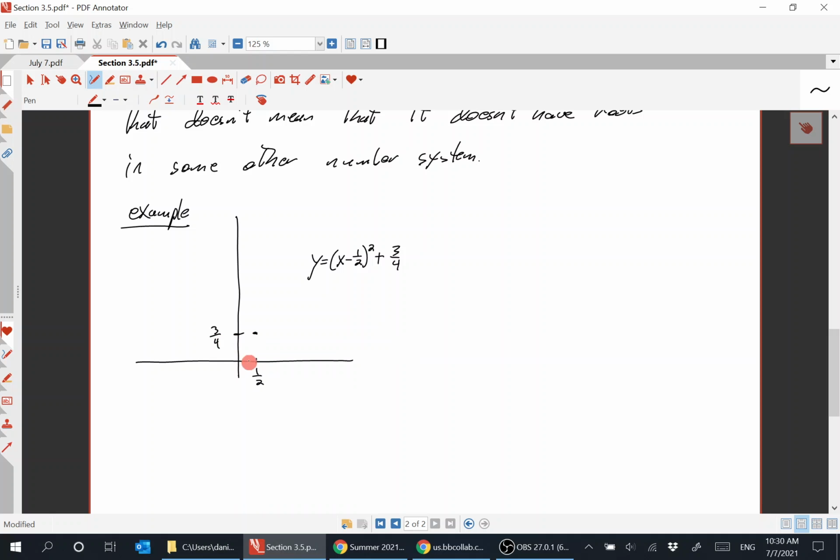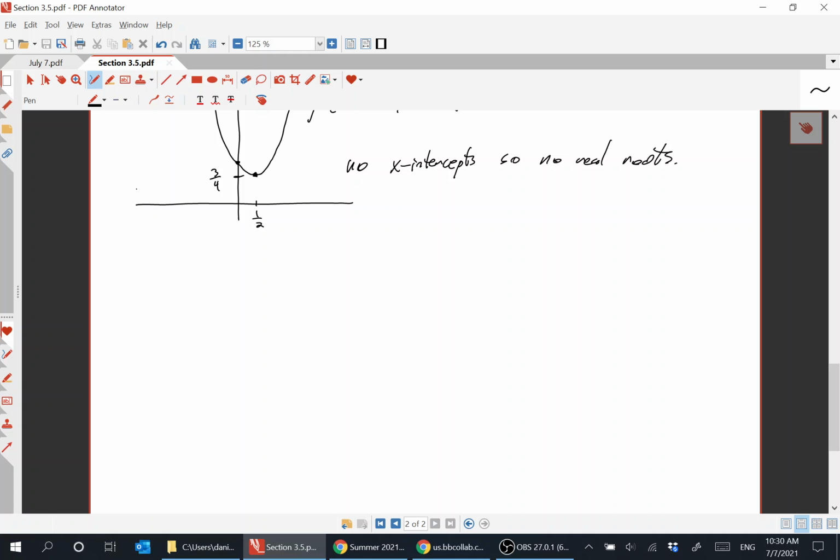So here is the vertex of the parabola, and this is the polynomial x squared minus x plus 1. So the y-intercept actually is at 1. And this parabola for this quadratic function looks like this. Right? So no x-intercepts. So no real roots. But is that the end of the story? And the answer is no.